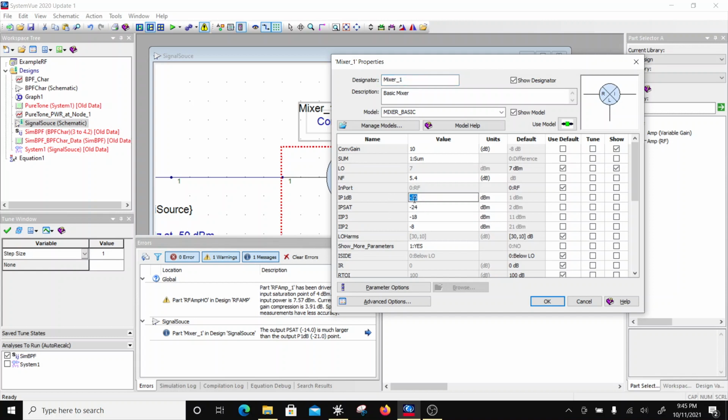So this one, minus 30. So this will be happening at minus 40 input. And this will be happening at 24, 34. And then this is input power, referred to input power. This will be 28. And this will be all input power, so I'm just going to subtract 10 out of it.